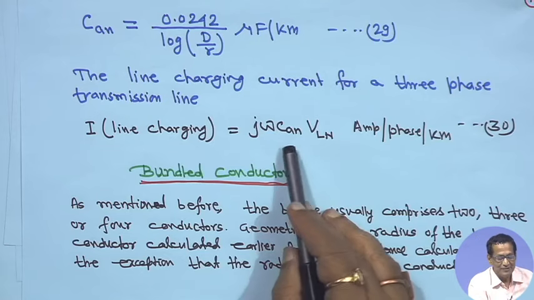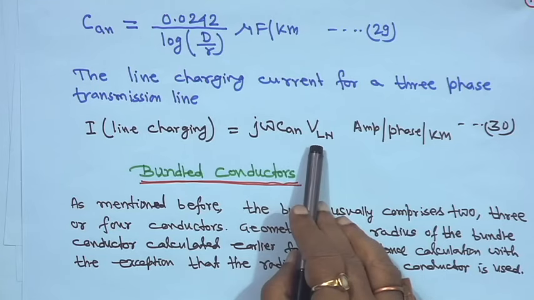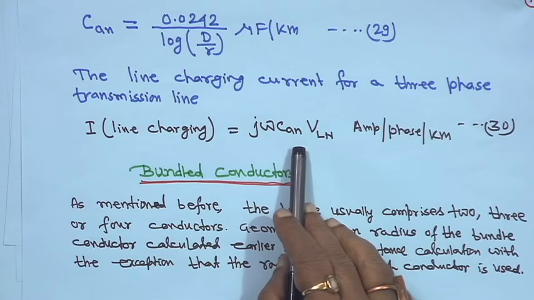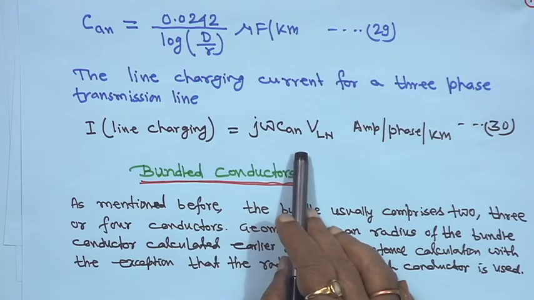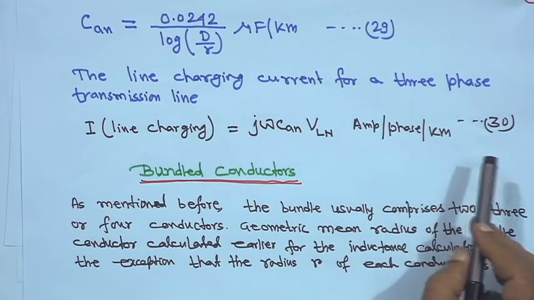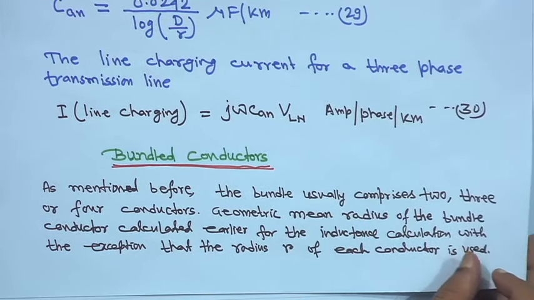In this case, we are using CAN, and VLN will be VAN, line to neutral, but not writing, because your CAN, CBN, CCN for a balanced system are all the same. This is ampere per phase per kilometer, this is equation 30. Next one is bundle conductors.